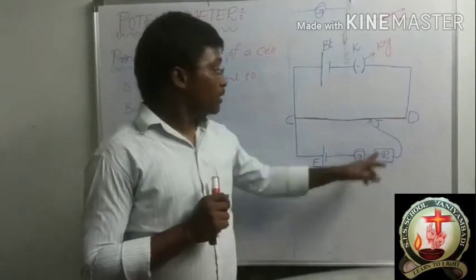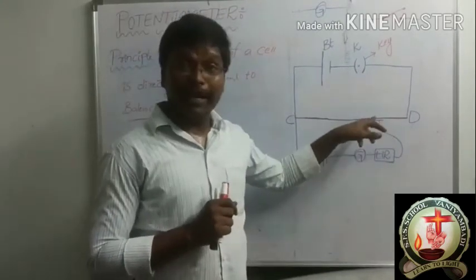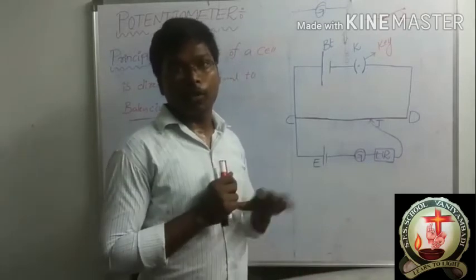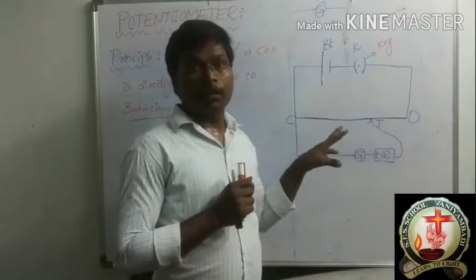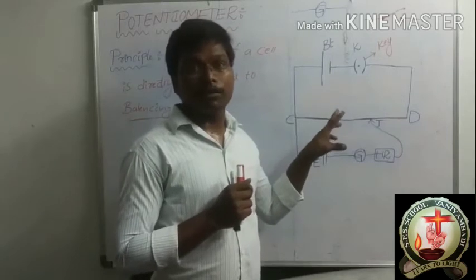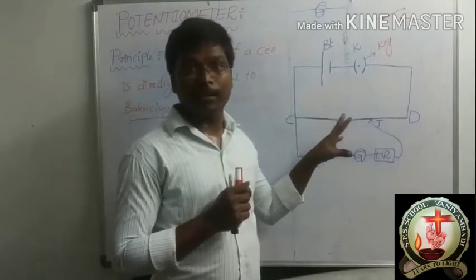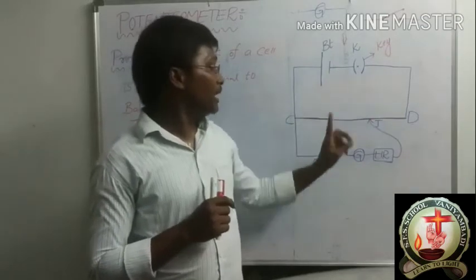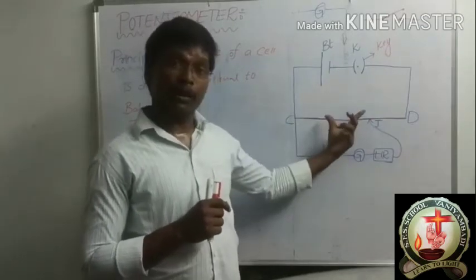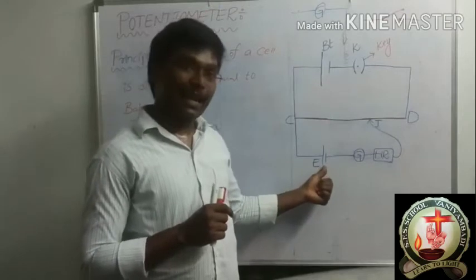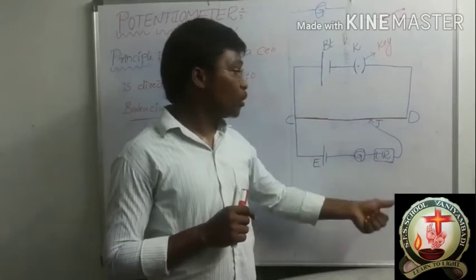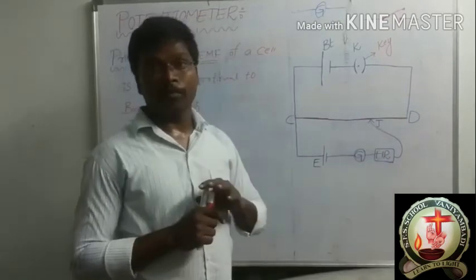This J is the jockey. So the symbols in our electrical circuit are battery, key, potentiometer wire, electric cell, galvanometer, high resistance box, and jockey.